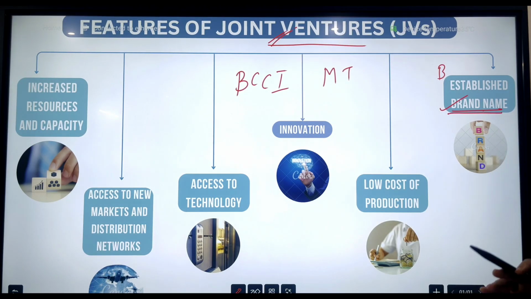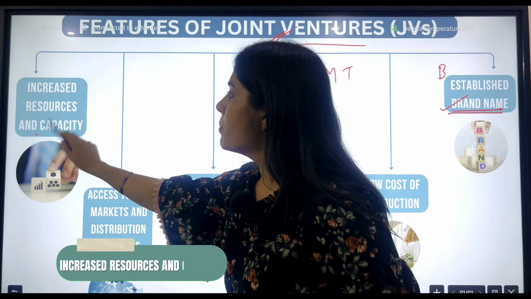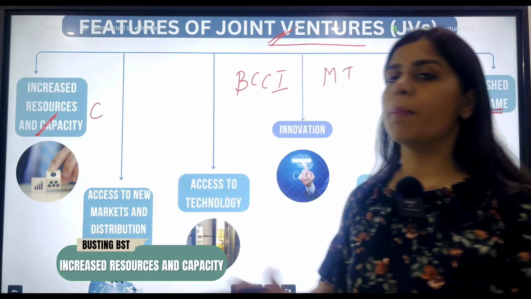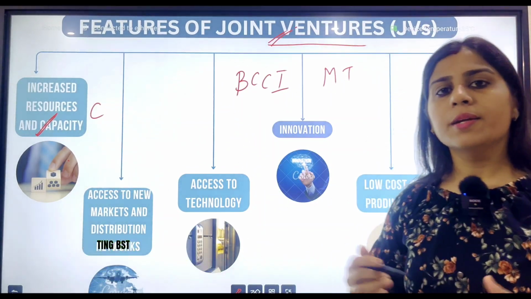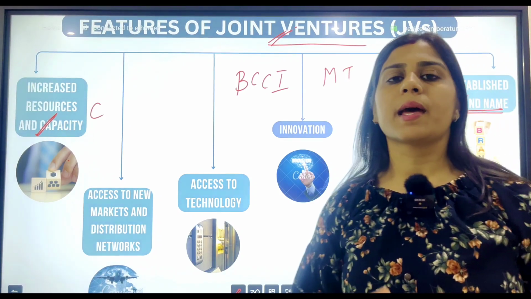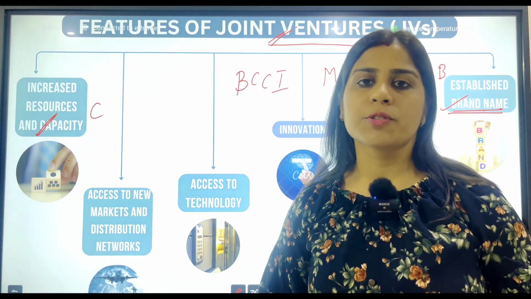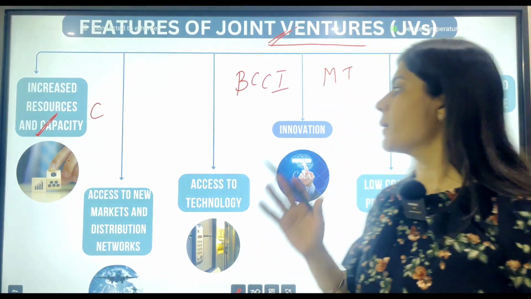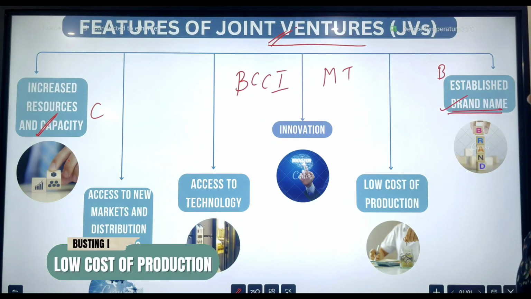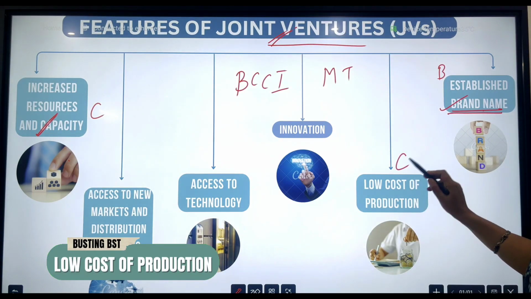Then we have C for capacity utilization, because when more companies come up and collaborate with each other, facilities are well utilized, and full optimum utilization of available resources takes place in such a condition. Then next, C is for lowering of cost.